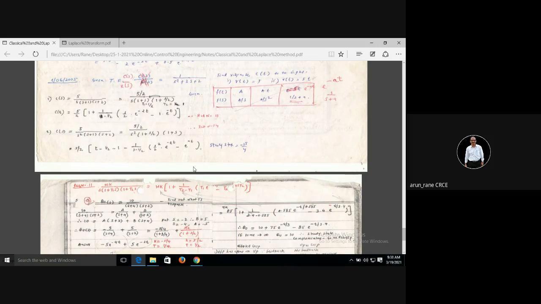Now this conforms to rule number 14. So let us see rule number 14. Rule number 14 is hk upon s square into (1 plus t1 s) into (1 plus t2 s).